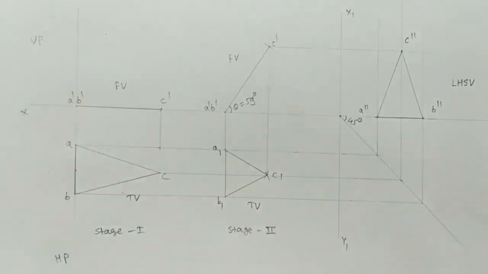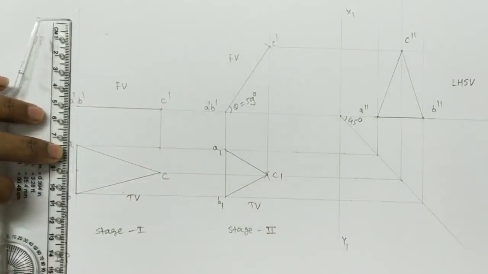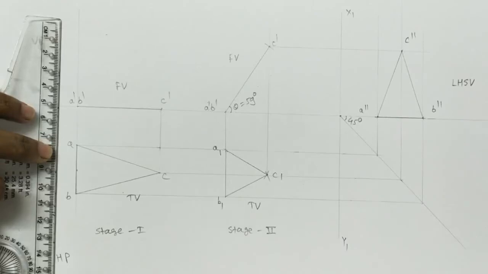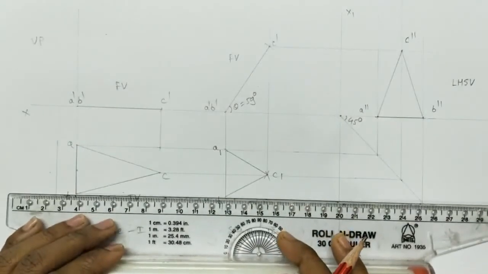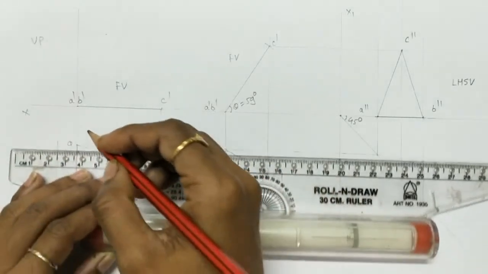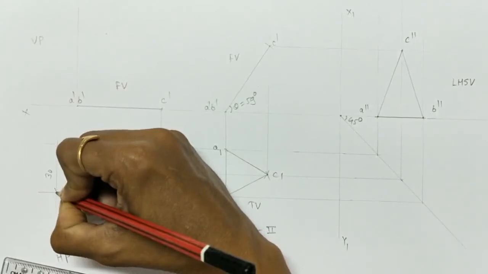After this, show this distance as 30. So this is 30.